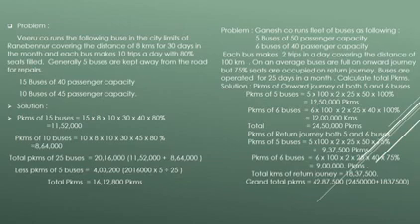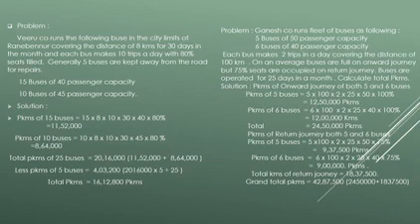This is the problem. Now we have to solve it like this. First, we have to calculate the passenger kilometers for 15 buses, and then we have to calculate passenger kilometers for 10 buses. Later we have to deduct 5 buses' passenger kilometers from the total passenger kilometers, as 5 buses are kept away from the road for repairs.